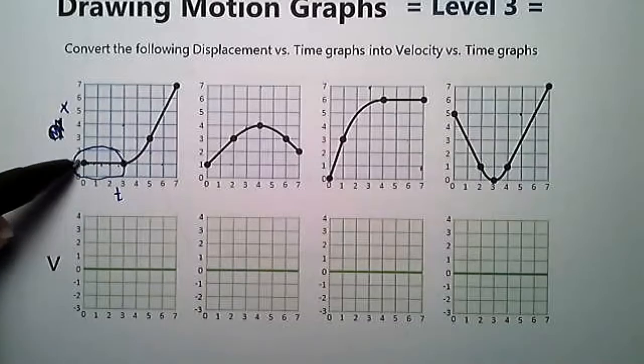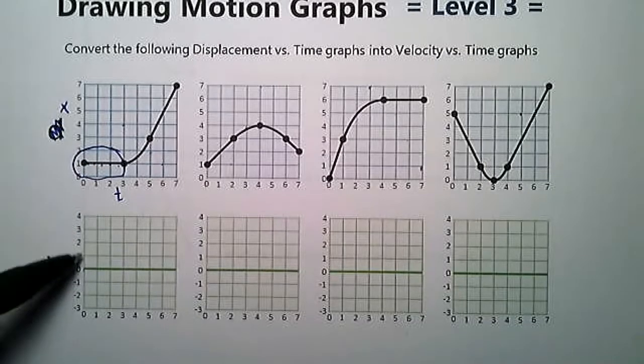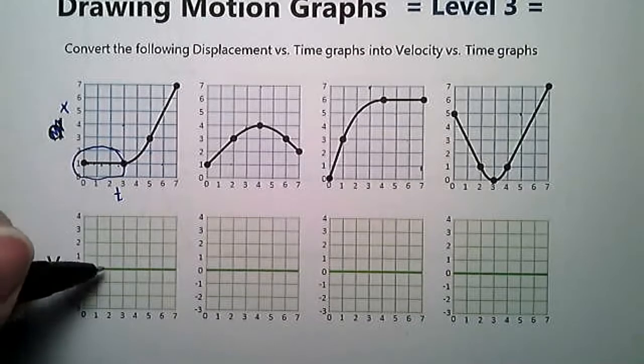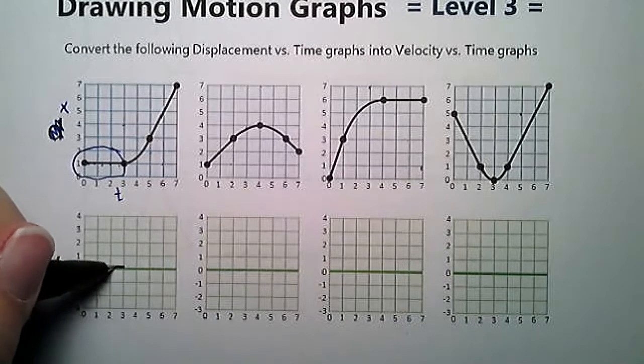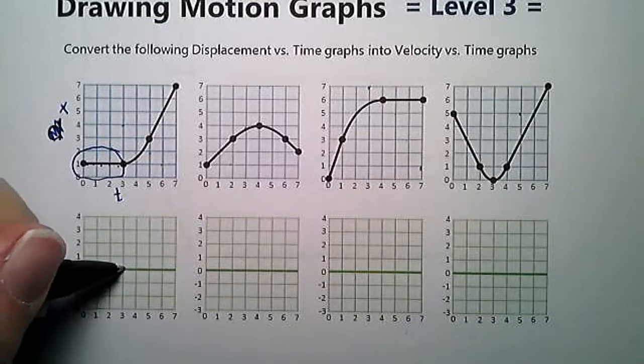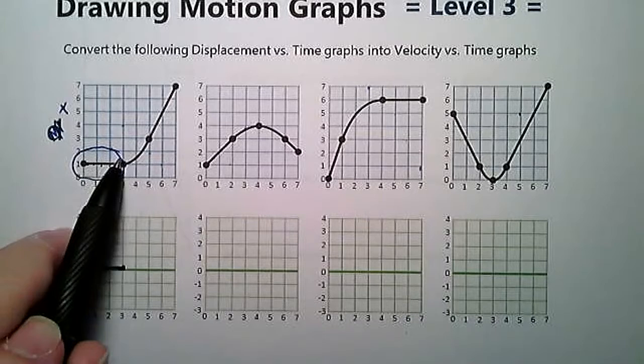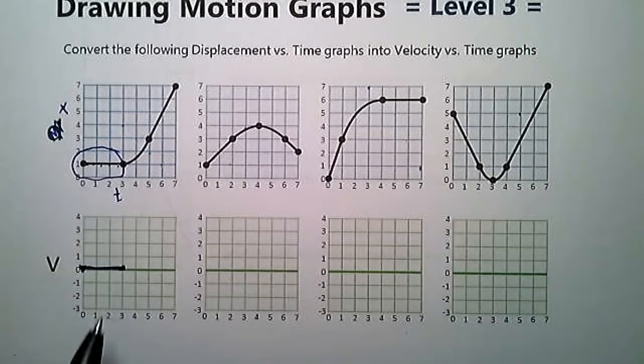If it stayed at 1 meter, that means I must not have been moving. So what would that mean about my velocity for those first 3 seconds? Well, my velocity for those first 3 seconds must be 0. I wasn't moving because I didn't have a change in my displacement. All right, no change in displacement here means no velocity here.